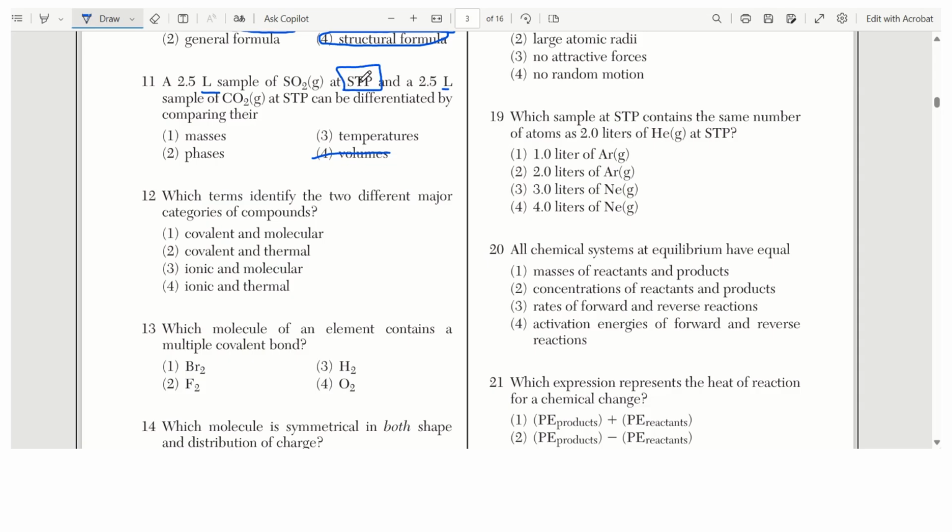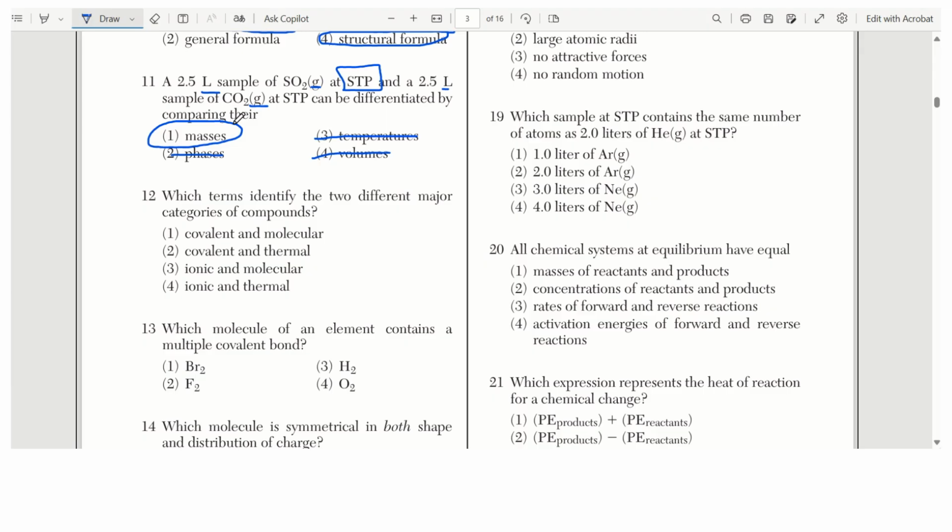STP, right? Standard temperature. So that's 273 Kelvin or 0 degrees Celsius. What is phases? Phases mean states of matter. So look at them. They're the same. So what can they be differentiated by? Their masses, because they're made up of different elements and different amounts of those elements.